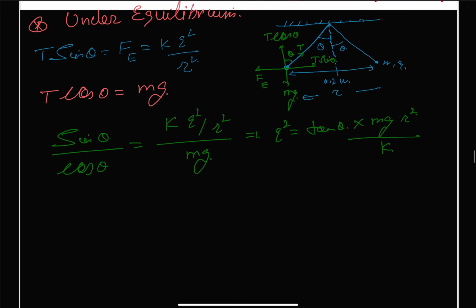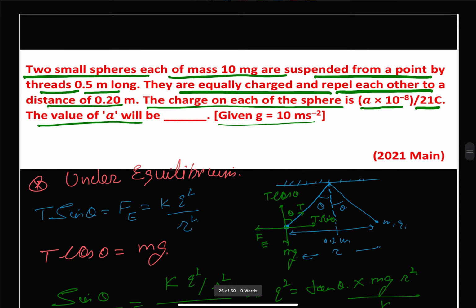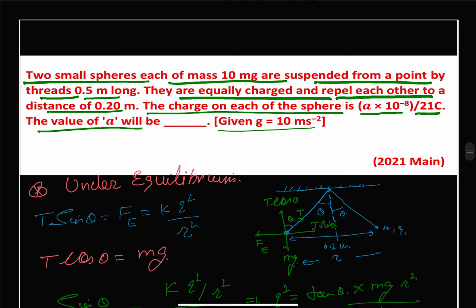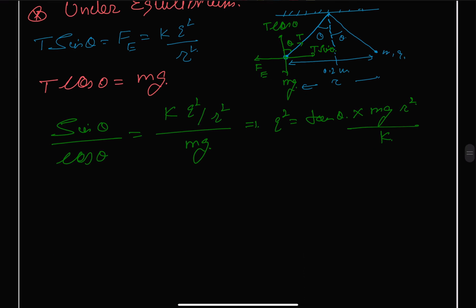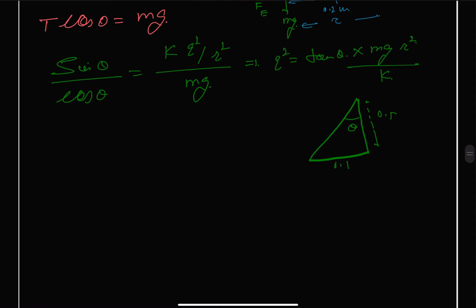because we are given that the thread's length is 0.5. So let me redraw the figure here. This angle is theta. This length is given to us as 0.5 and the entire distance is 0.2, so we can write this as 0.1. Therefore, tangent of theta will be equal to 0.1 divided by 0.5, which comes as 1 by 5.